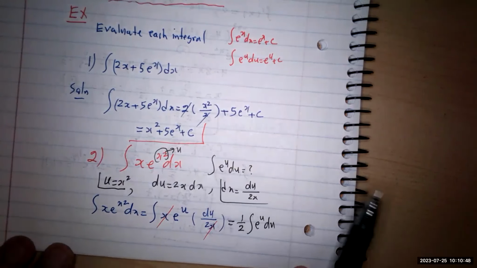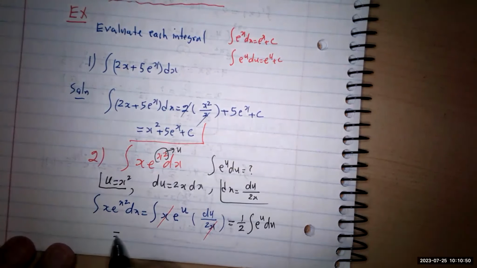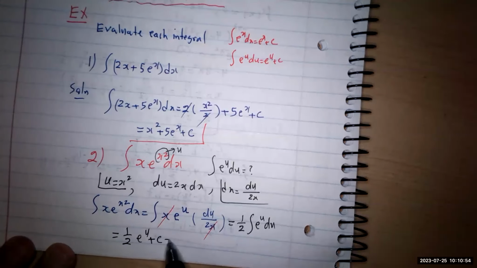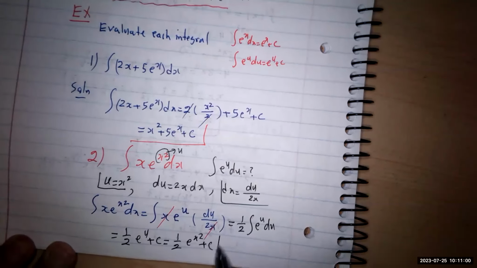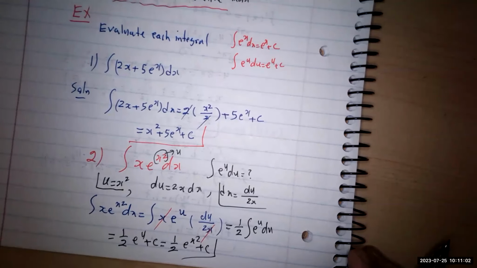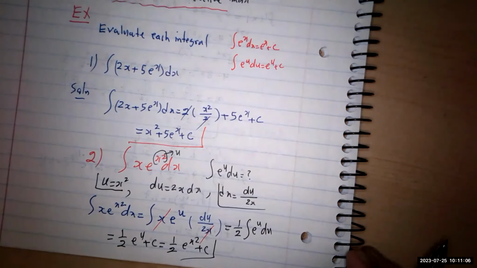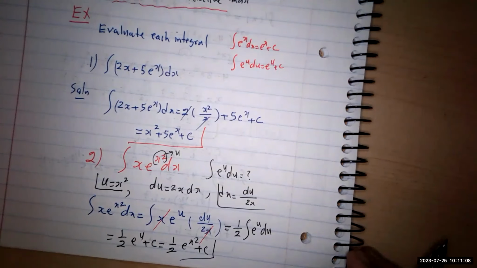Integral of e to the u, just e to the u. So that gives 1/2 e to the u plus c. You substitute for u, which is x squared. 1/2 e to the x squared plus c. And then you're done. Okay, you cannot do much about this integration in calculus 1, but of course you do quite a lot in calculus 2.